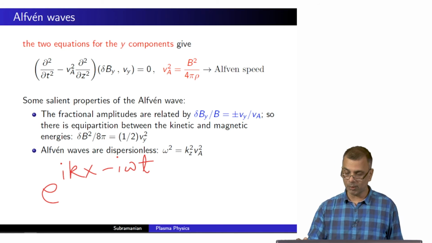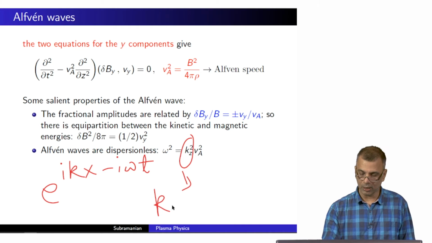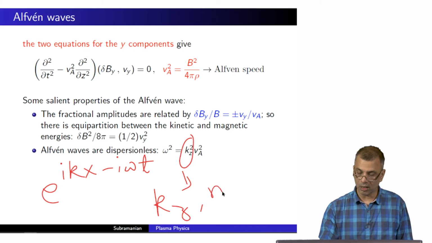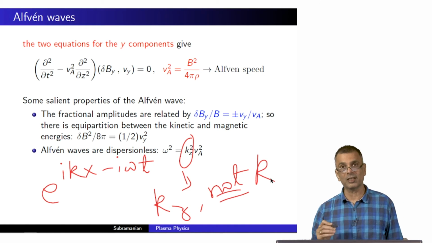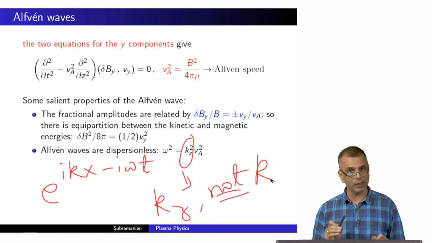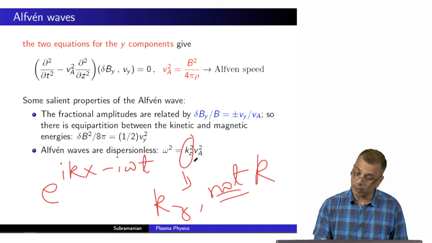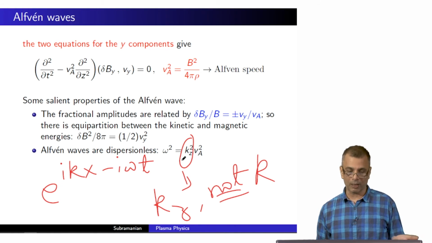However, please remember this is k_z, not k itself. This is k only along the z direction, only along the magnetic field direction. So this is one important difference between the sound wave and the Alfvén wave.